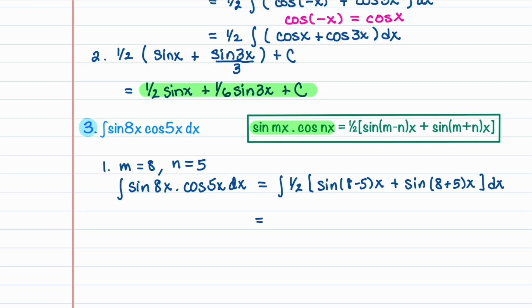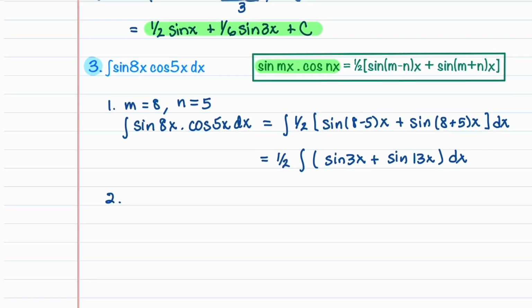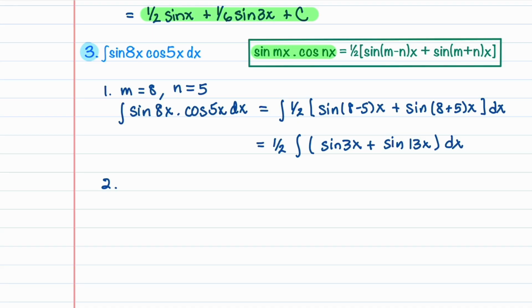Let's go ahead and simplify this. I'll pull the 1/2 out in front, and then let's see what we have. We have sine 3x plus sine 13x dx. Our second step is to just integrate this. Our 1/2 comes along for the ride.